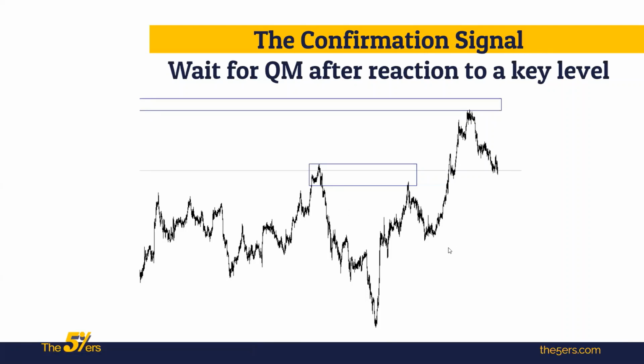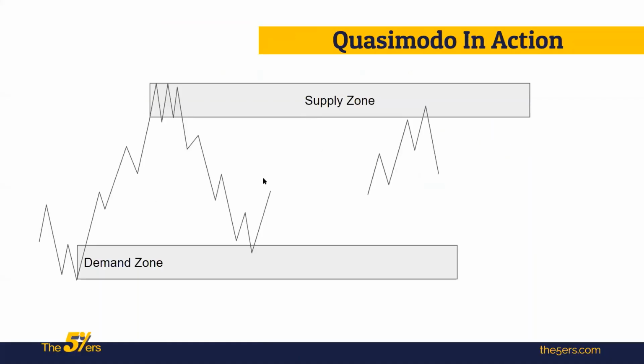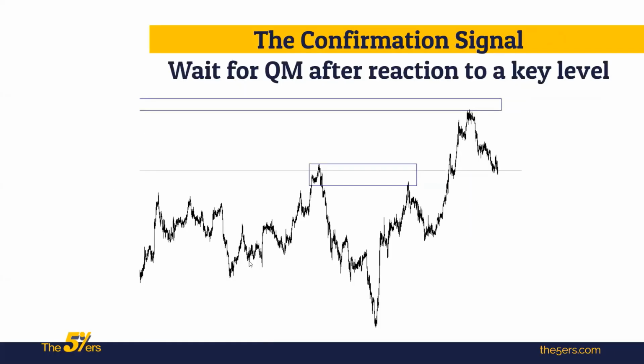So how does the Quasimodo look? We're looking at the Quasimodo in a very clean laboratory sketch. This is how it looks in real on the chart. What do we see? We see price rising up, a retracement in a buying context, and then price is faking out and dropping down.